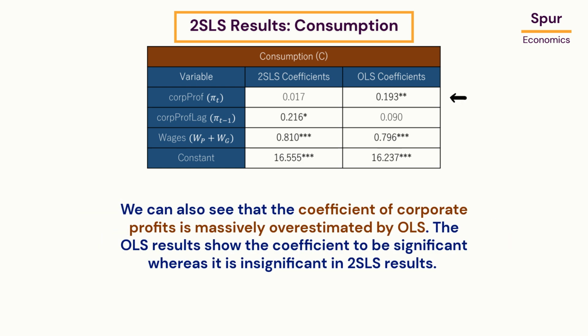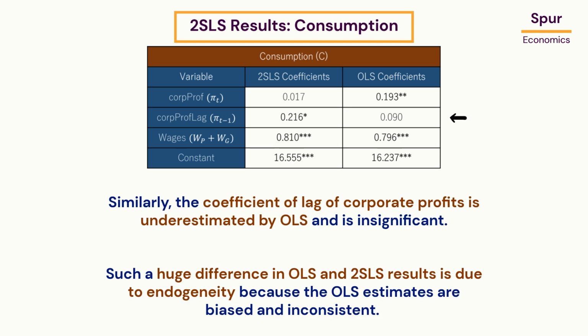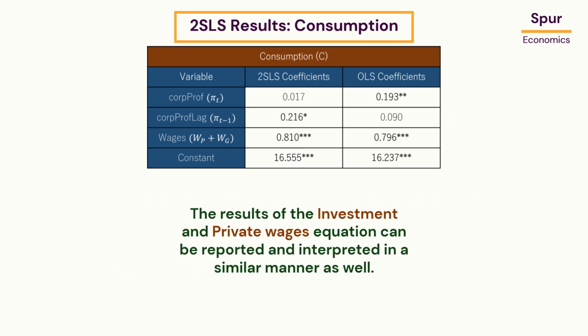We can also see that the coefficient of corporate profits is massively overestimated by OLS. The OLS results show the coefficient to be significant whereas it is insignificant in 2SLS results. Similarly, the coefficient of lag of corporate profits is underestimated by OLS and is insignificant. Such a huge difference in OLS and 2SLS results is due to endogeneity because the OLS estimates are biased and inconsistent. The results of the investment and private wages equation can be reported and interpreted in a similar manner as well.